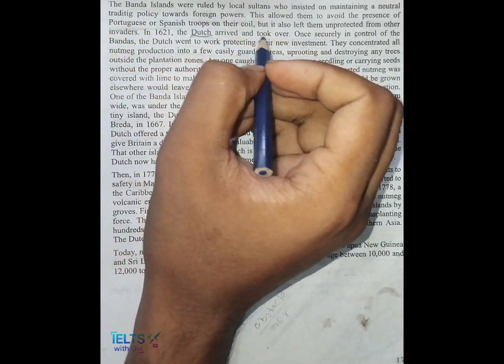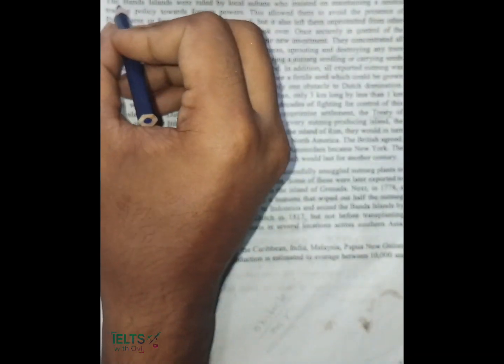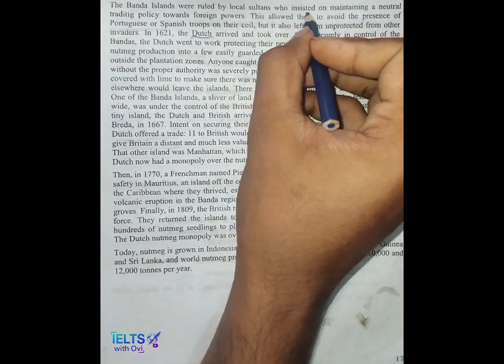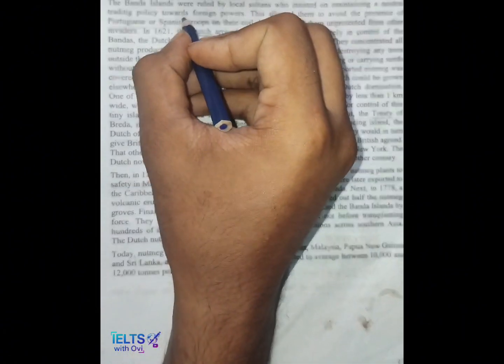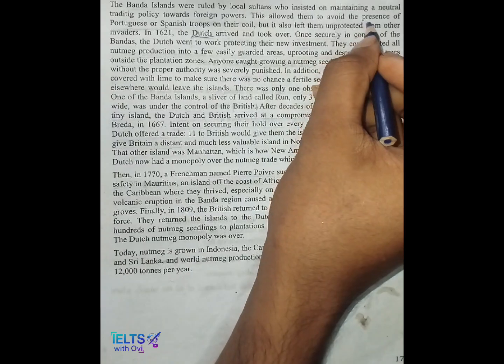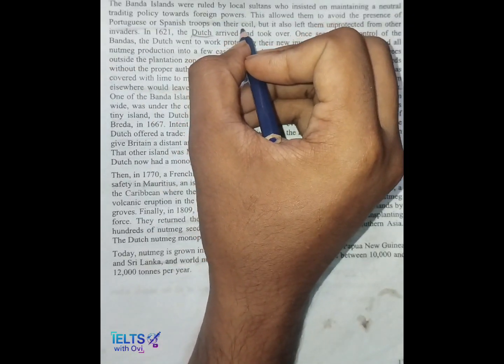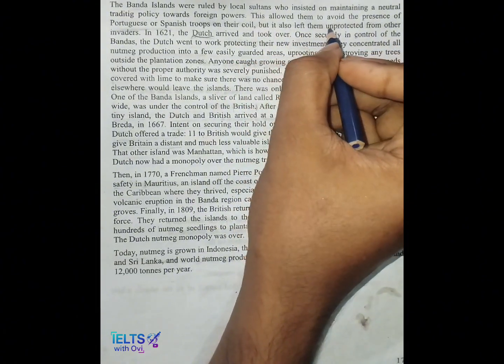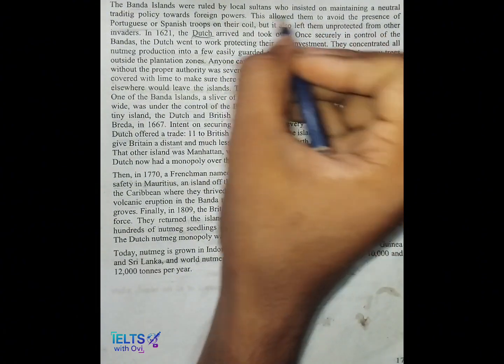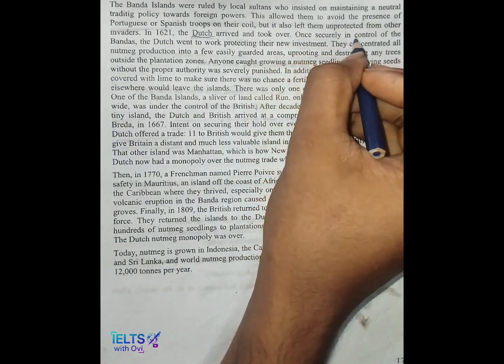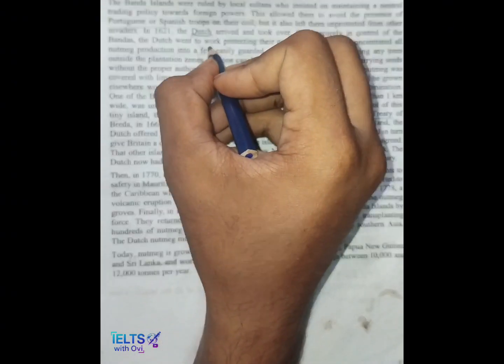And our keyword was something put on nutmeg. The Banda Islands were ruled locally and had natural independence towards white power, which allowed them to avoid the presence of Portuguese and Spanish troops on their coast. We find Dutch.